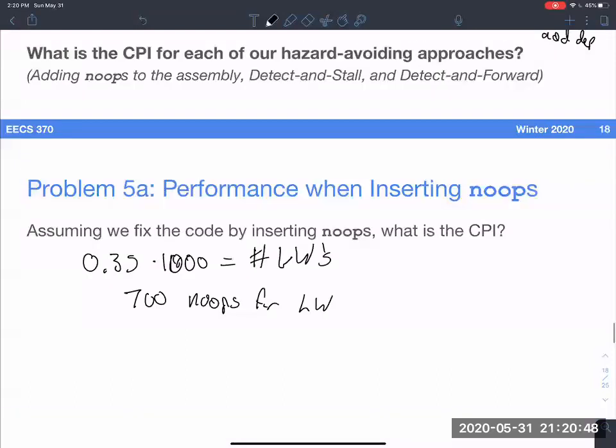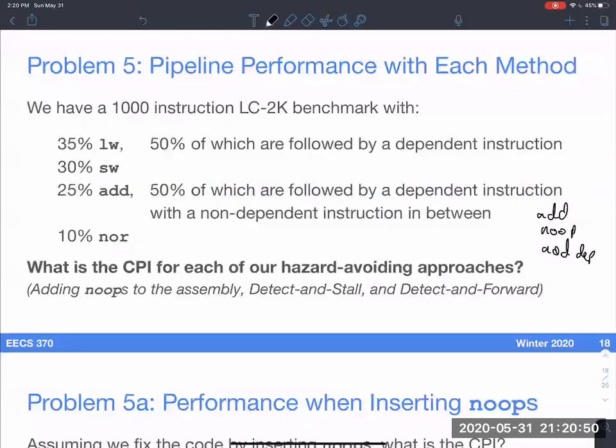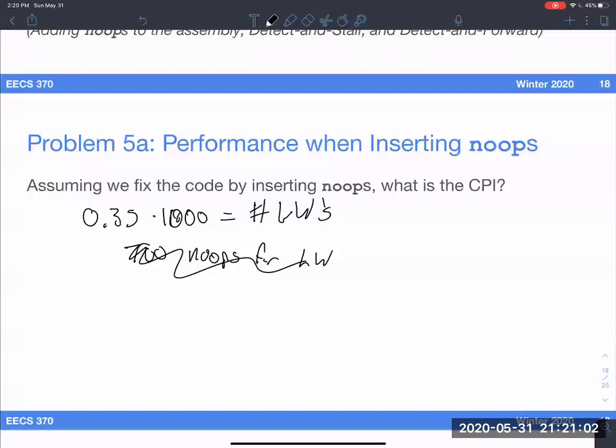So we insert 700 no-ops for the LW command. Oh, sorry. I actually did the math wrong. So 0.35 times 0.5 times 1,000 times 2 is equal to 350 no-ops.